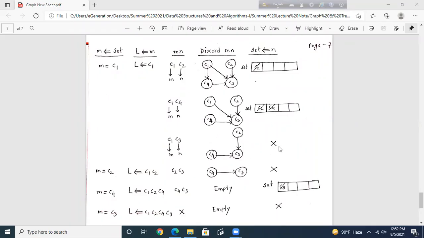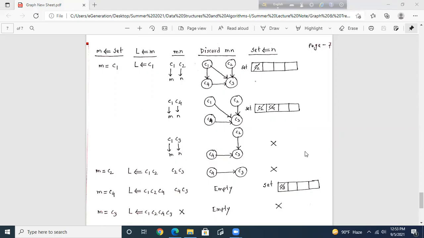Now you are not allowed to write C3 inside the set because towards C3 there is an incoming edge from C2, another incoming edge from C4. So I cannot write C3 inside the set. Because of that, I have given here a cross sign. Dear student, up to this point it is clear.